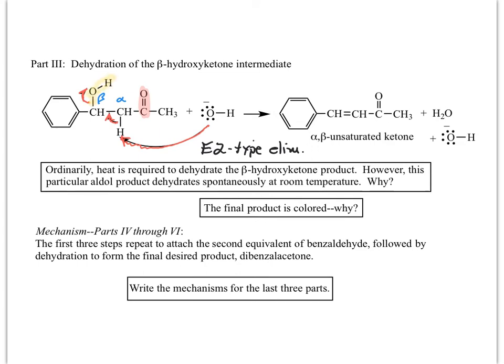But in this case, the reaction is neutral. We've got a hydroxide ion as nucleophile, a hydroxide ion as leaving group. But what really promotes this reaction is that our product, this new pi bond we create in our product, is conjugated with the pi bonds in the ring and with the pi bonds in the carbonyl.